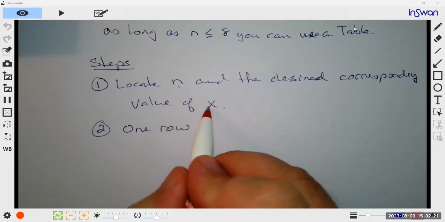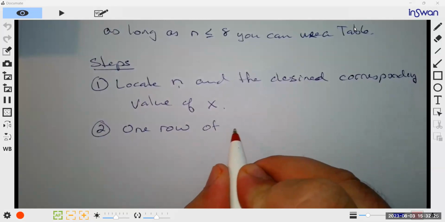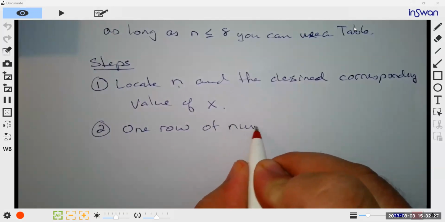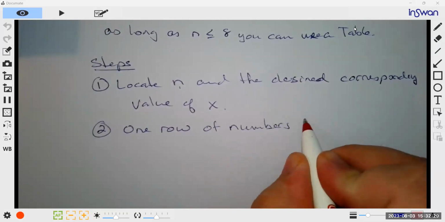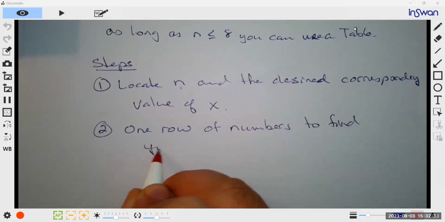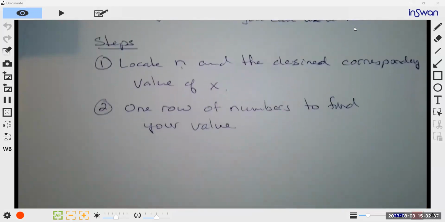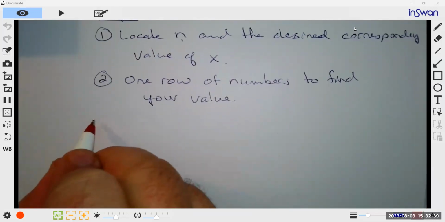When you find the n and corresponding x, you'll have one row of numbers. Your value, the number you're looking for.